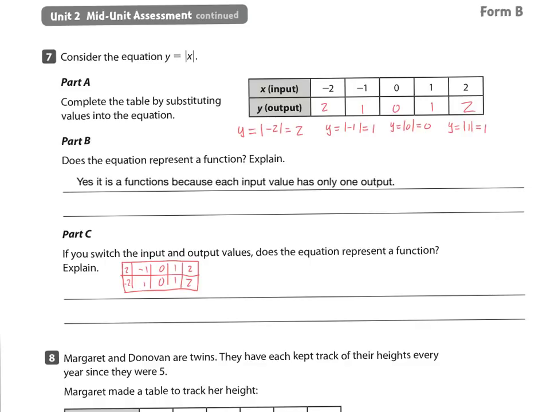Now, you can see that 2 goes to -2, but 2 also goes to 2, which means that this is not a function, because the input values have more than one output.